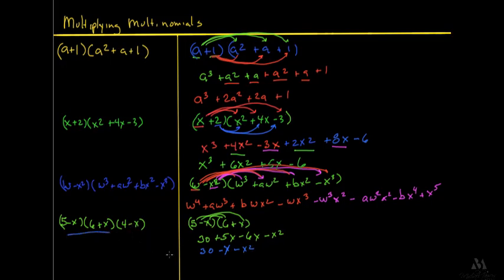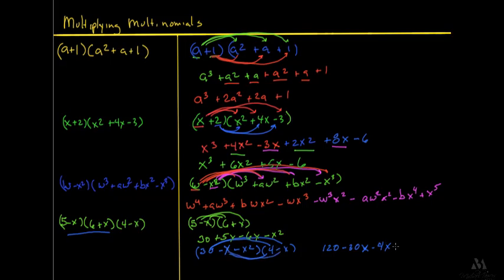Now remember, we use these two terms. Now we have to multiply everything by 4 minus x. So we have this quantity times 4 minus x. So we can take the 30 times the 4, which is going to give us 120. We can take 30 times the negative x, negative 30x. So we've done this, done that. We can take the negative x times the 4, so it's minus 4x.